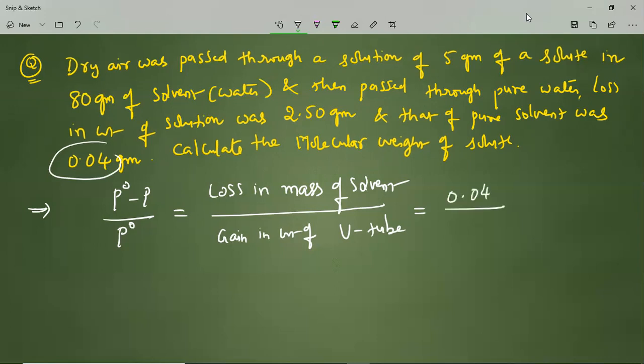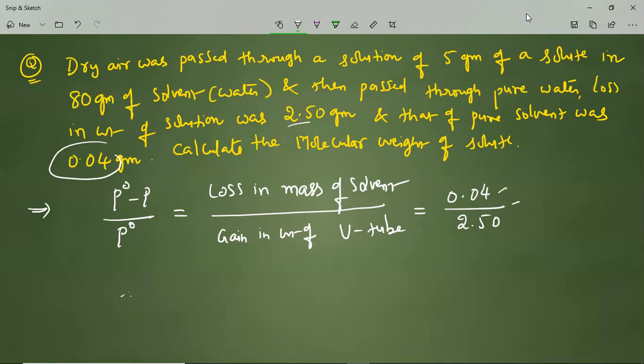Coming to the gain in the weight of U tube, that means the loss in weight of solution, which was 2.50. That is nothing but the gain in weight of U tube, that is 2.50.